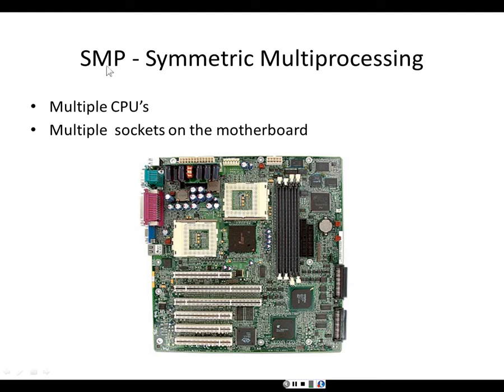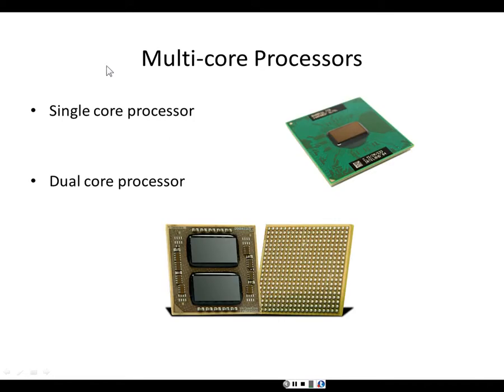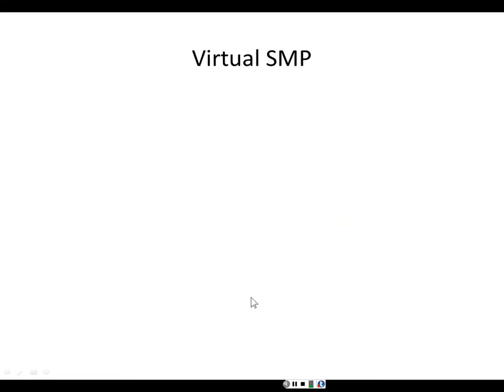For two CPUs, they call that SMP, Symmetric Multiprocessing. Now, I expect you know what a dual-core processor is. Single-core processors are where you have a single microprocessor, but a dual-core microprocessor is where you have two CPUs on one single chip. Dual-core processor.